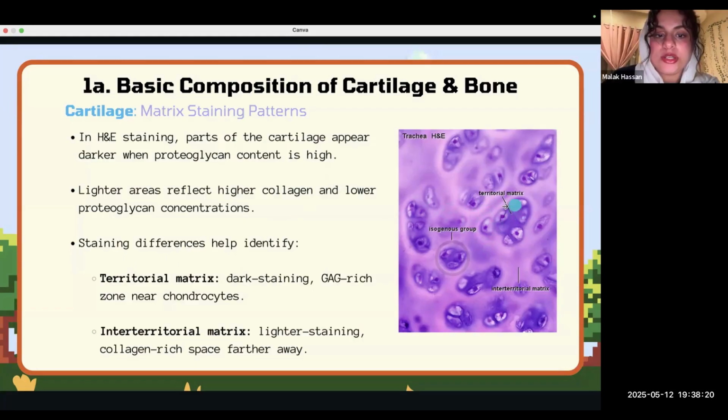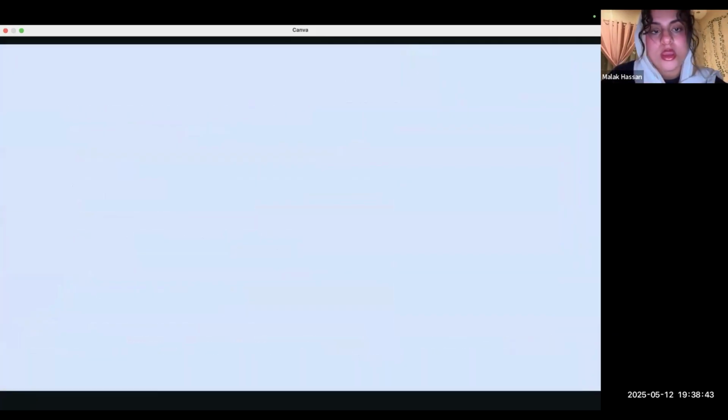Now, the territorial matrix is the one that is dark staining and it's immediately around the chondrocytes, whereas the interterritorial matrix is between the territorials. So territorial is like the territory basically around the chondrocytes, and interterritorial is between these little territories. They're lighter staining, collagen rich, and have less proteoglycan.